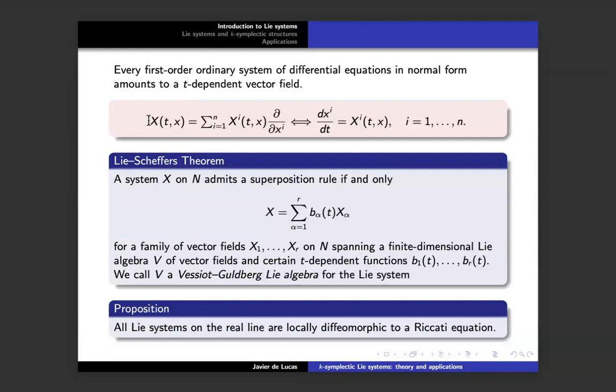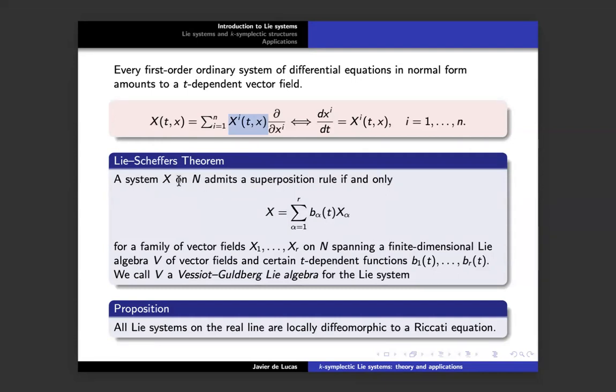So let us continue and let us write this more formally, okay? When you have a non-autonomous system of differential equations in normal form, because it depends on time, you attach to it a time-dependent vector field. For each coordinate xi, you have these functions, and they will be the components of a time-dependent vector field on Rn, where you have your system written this way.